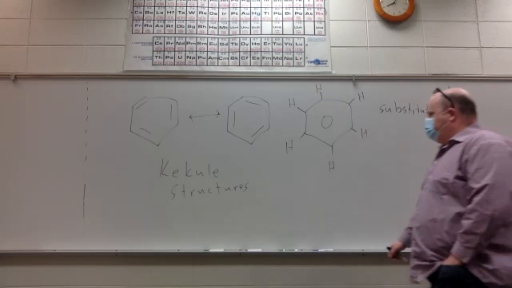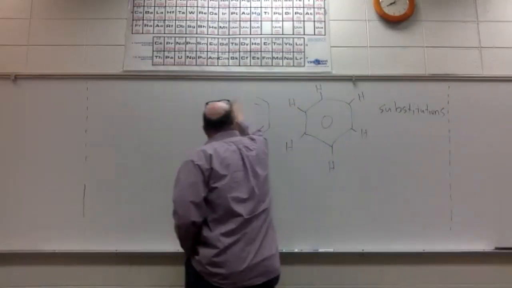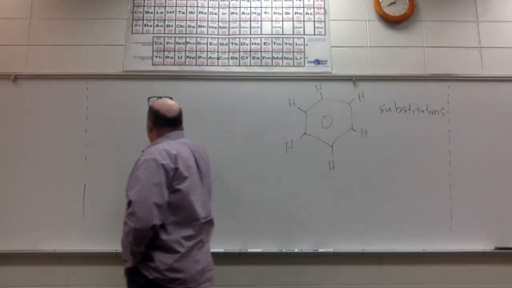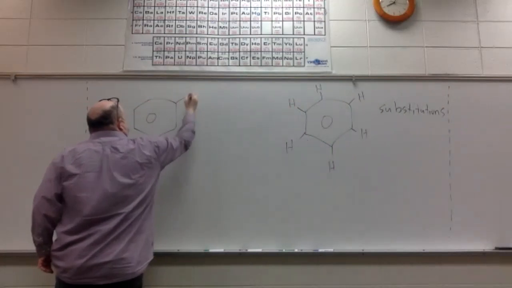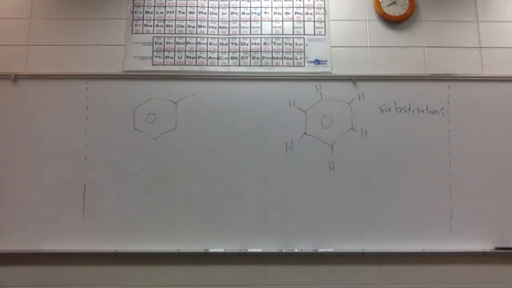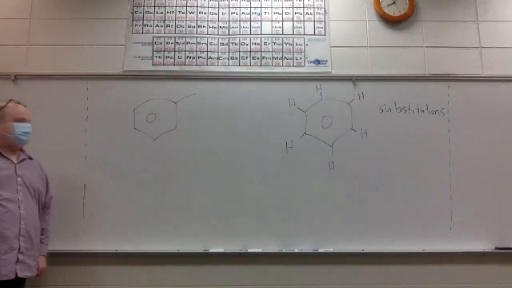So, you could stick in an alkyl group, right? So something like that. We've actually worked with this compound. This is toluene. And toluene, we've just substituted one of the H's with a methyl.